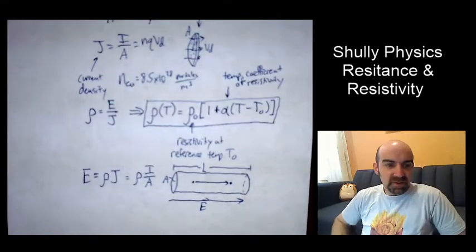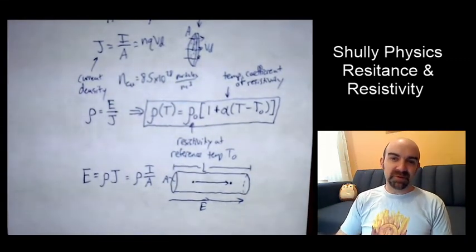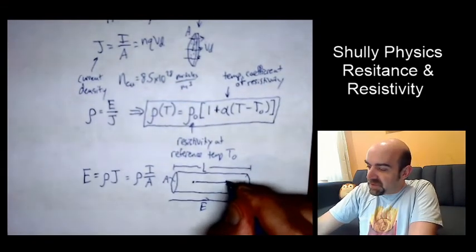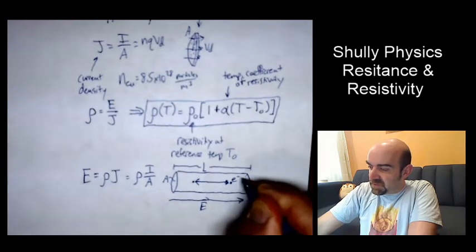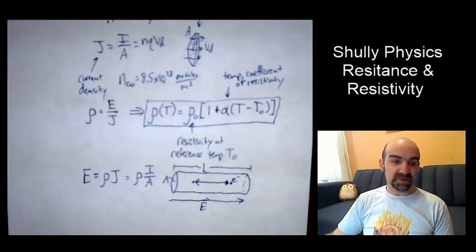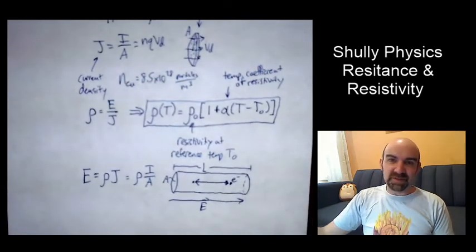There's the electric field, going from left to right. So I really should change this. If this is an electron, then it's going to move opposite that electric field. Okay, so it's going to move from right to left. That actually doesn't matter too much.